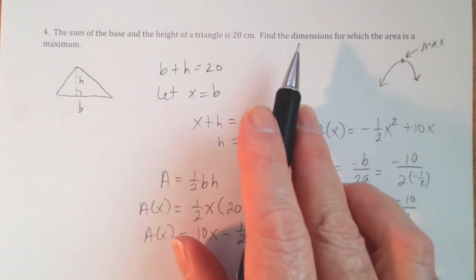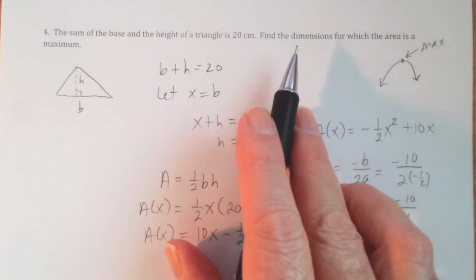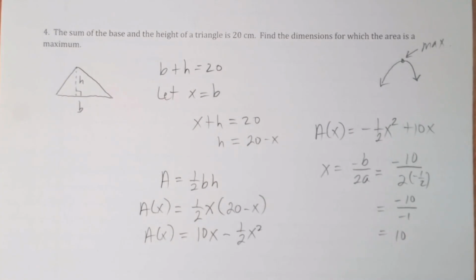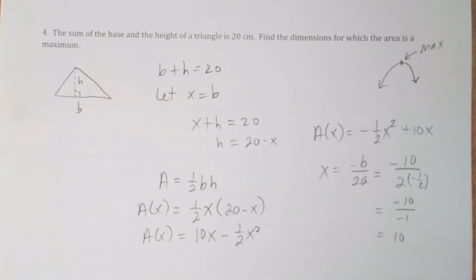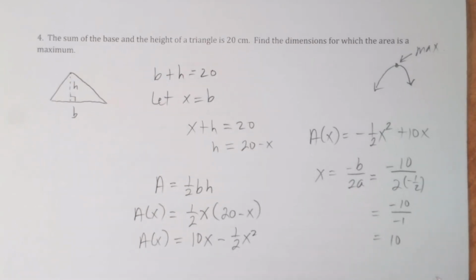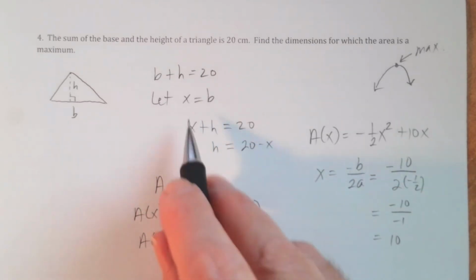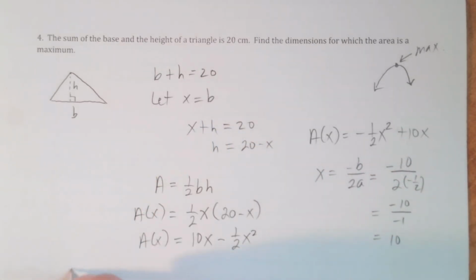We're supposed to find the dimensions for which the area is a maximum. So we didn't actually have to find the maximum area. We just have to find the dimensions for which the area is a maximum. So we know that the base, we said x is b, so the base is 10.